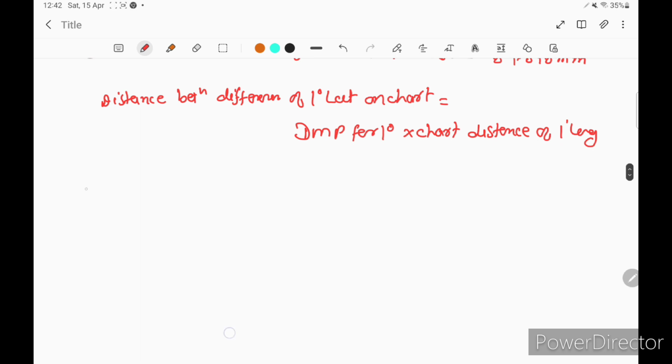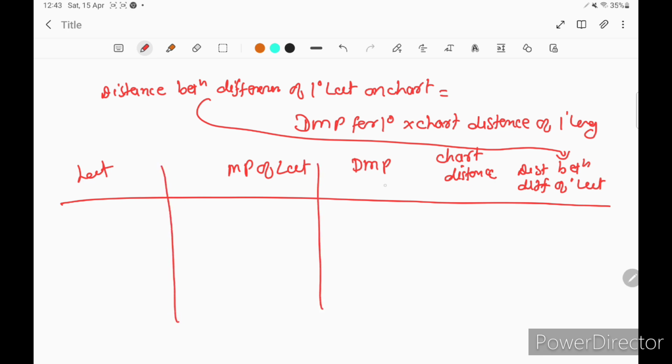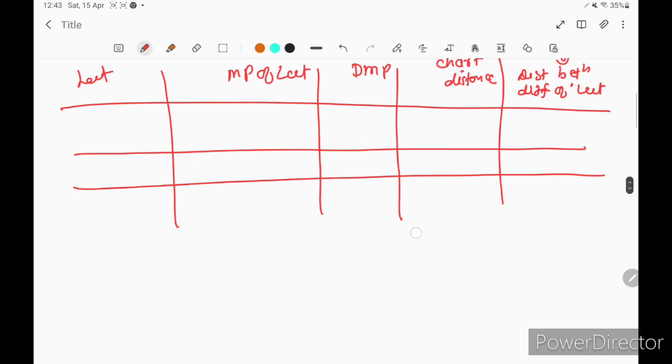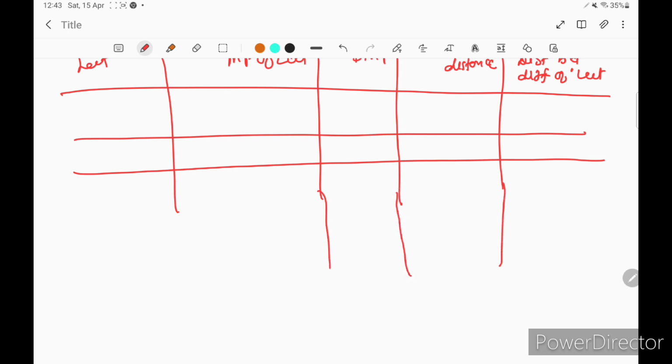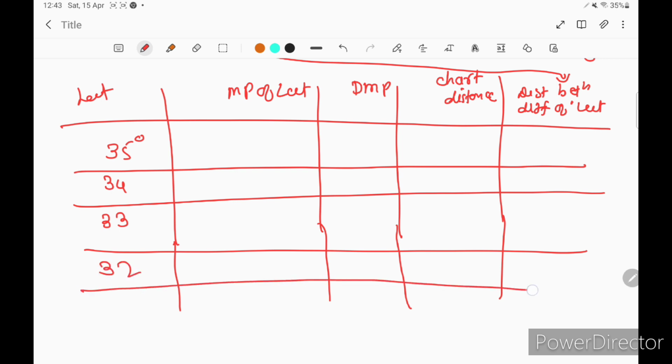Now we make the table: latitude, MP of latitude, difference in meridional parts, chart distance, and distance between difference of 1 degree latitude. The range given in the question is 35, 34, 33, 32.